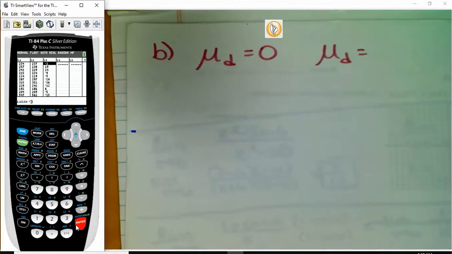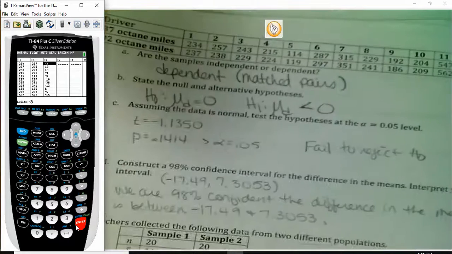So this said you were trying to decide if the higher octane fuel resulted in better gas mileage. What you have recorded here is the number of miles they drove. So the better the mileage, the more miles you get, right? So the higher octane was the bottom one.